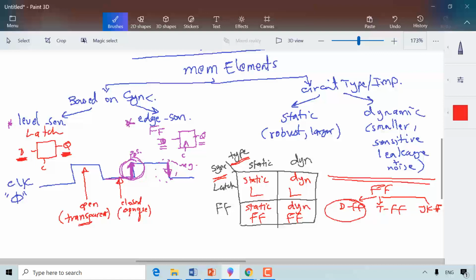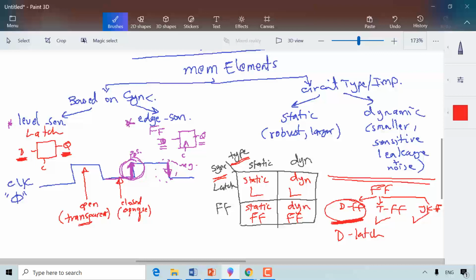Quite frankly, in practice, nobody uses a T flip-flop, nobody uses a JK flip-flop, or at most very limited use. So we're going to limit our discussion to the D flip-flop, and also the D latch. You can take the same discussion to the D latch. Nobody uses the other types of latches either. So D flip-flop and D latch will be our main focus in terms of latches and flip-flops.